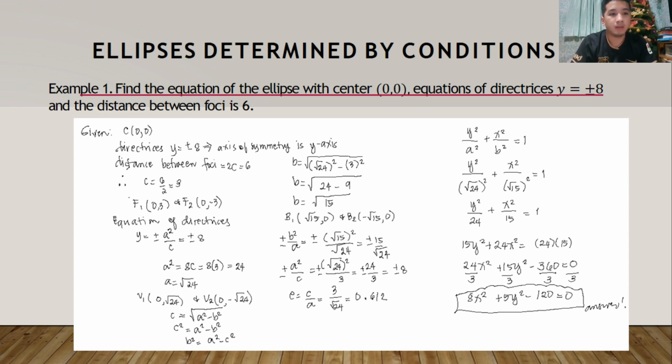Then we will have 15y squared plus 24x squared equals 24 times 15. Then we will have 24x squared over 3 plus 15y squared over 3 minus 360 over 3 equals 0 over 3. Then we have the final answer: 8x squared plus 5y squared minus 120 equals 0.